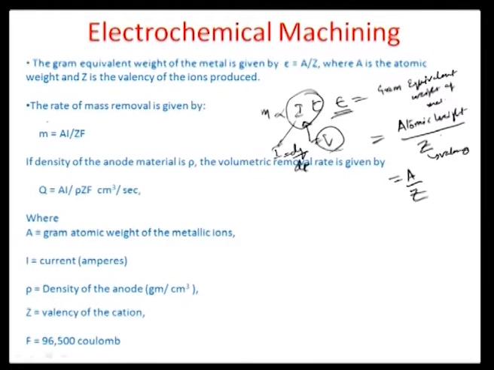And when we are considering 1 mole in 1 atomic weight, the total charge that would be involved in removing this 1 mole is basically equal to 1 mole of electrons, right.